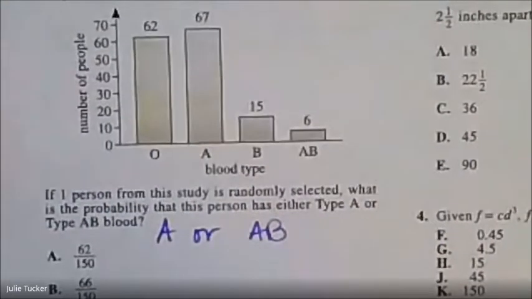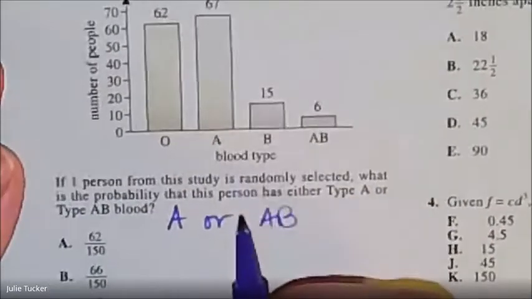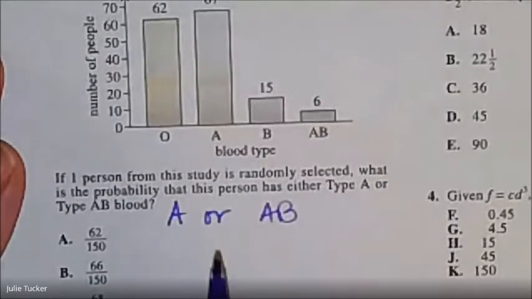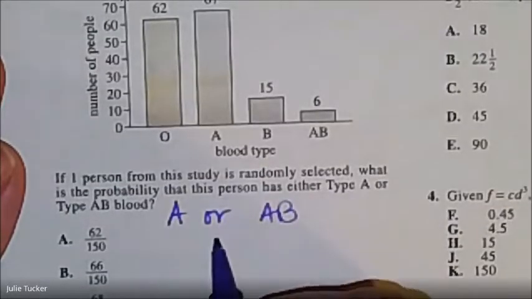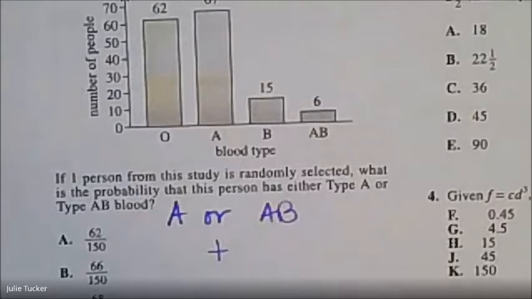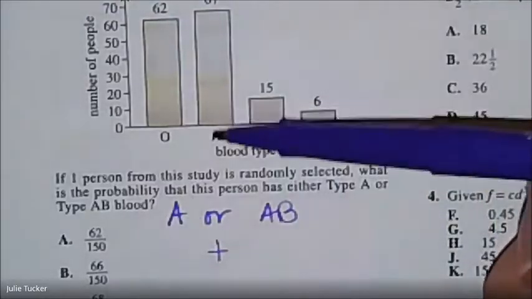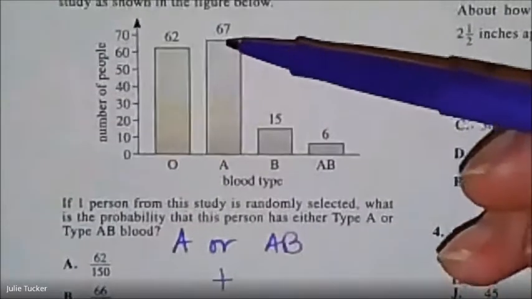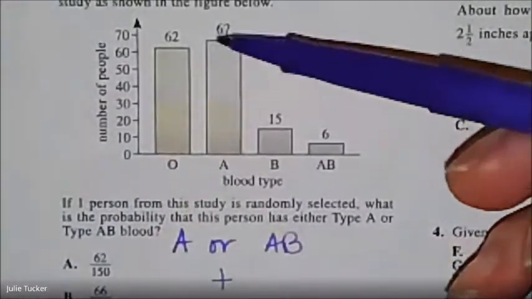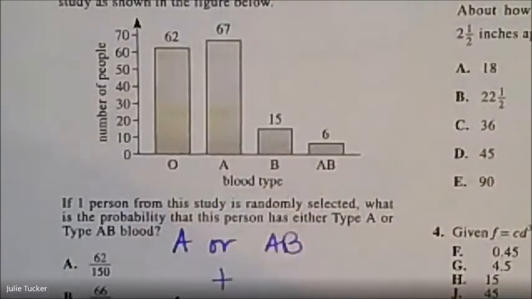I don't know if you remember this because you learned it in Algebra 1. When you do or probabilities, you add. So you're going to have to find the probability of an A. So how many A's are there? They're telling you right there that there's 67 A's. So that'll be 67 out of the total.